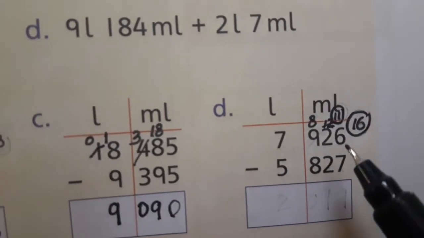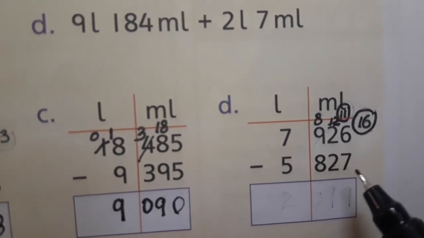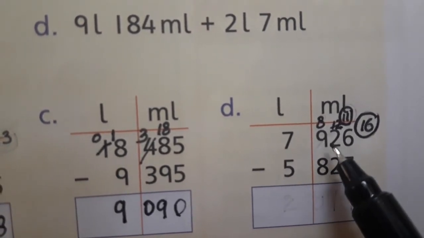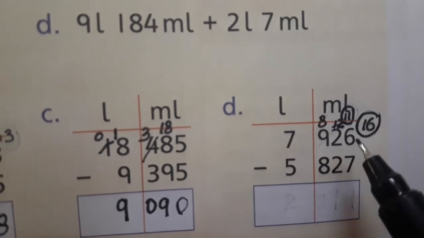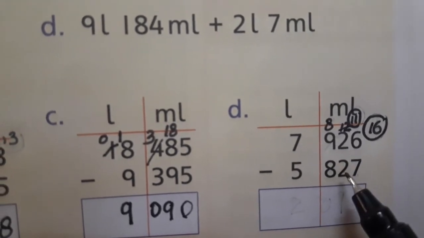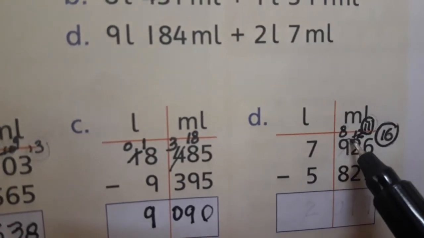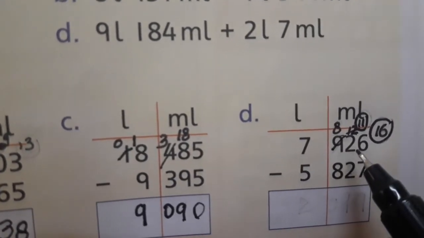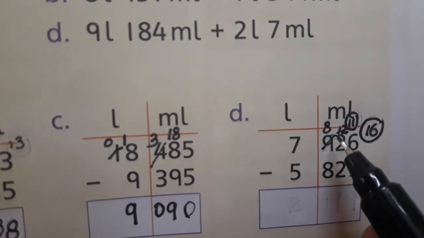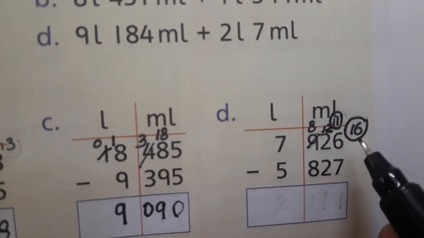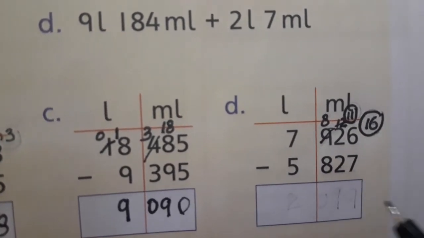6 minus 7, we cannot subtract because 6 is a smaller number and the lower number is greater. We will take carry from this number, but this number is also 2 and minus 2, so we will take carry from the other number. So we will take carry, it will leave 8, it will become 12. When we take carry from this number, it will leave 11 and it will become 16. 16 minus 7, how many?